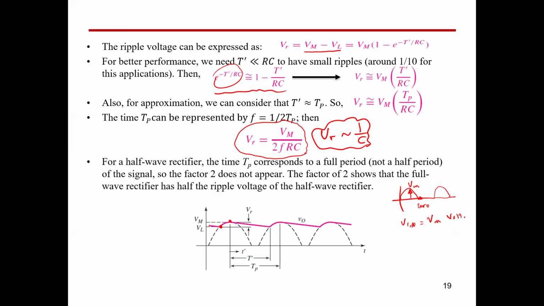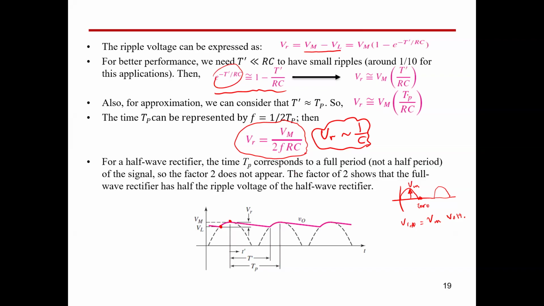And to be honest with you guys, t prime is very close to Tp, which is the time to reach the maximum value again, if you have small ripples actually. So just for simplicity, we can assume that t prime is almost equal to Tp, and in this case we can say the ripple voltage is approximately equal to V maximum times Tp divided by RC.